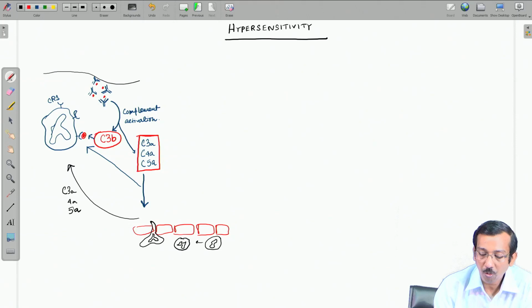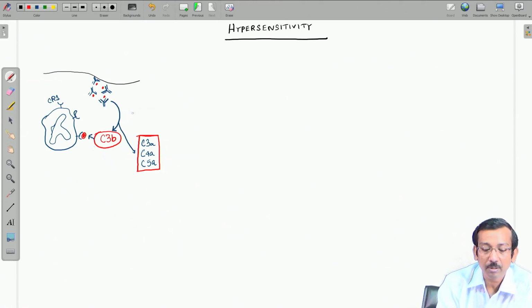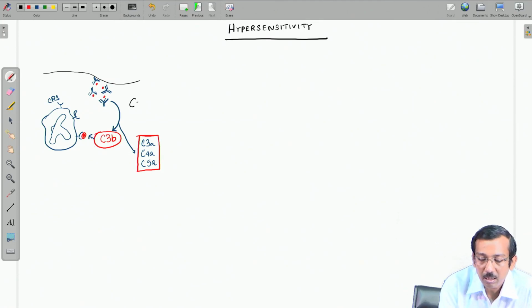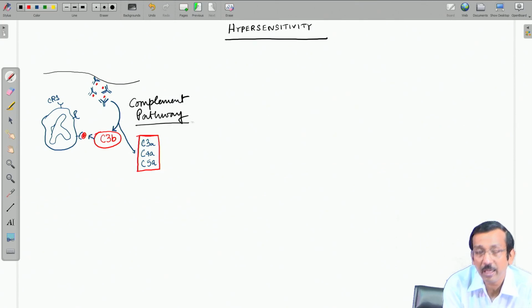As I told you, the immune complexes that are deposited can elicit the complement activation pathway, and in this pathway you can actually have these cleavage products.